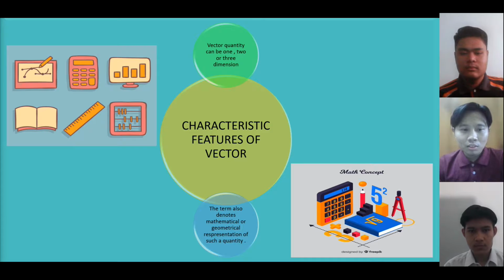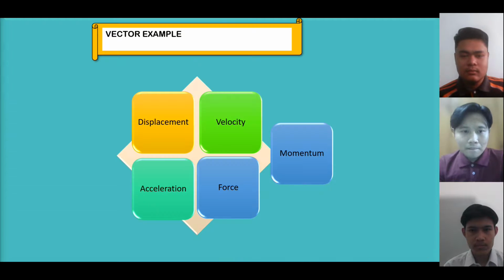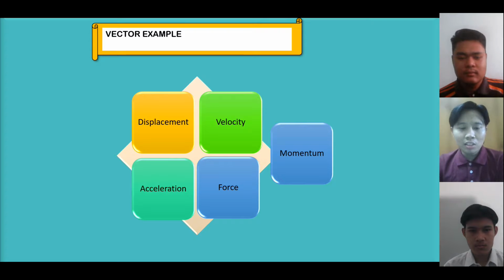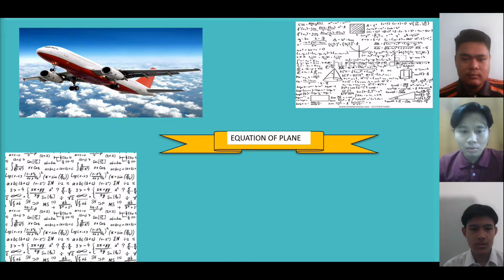So, next slide. So, this is an example for vector: displacement, velocity, momentum, acceleration, and force.